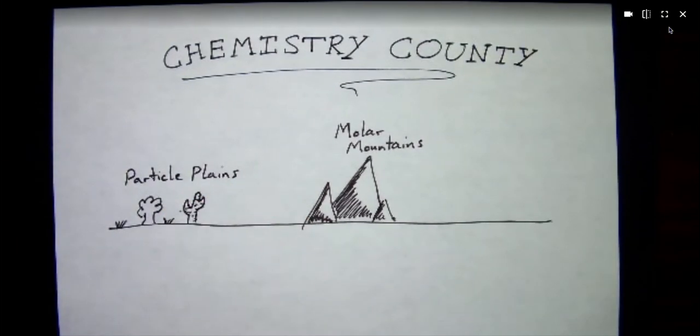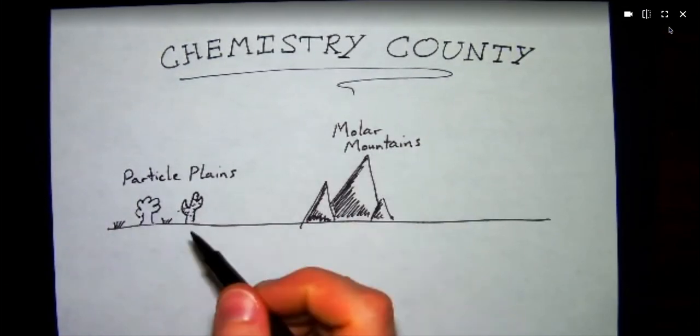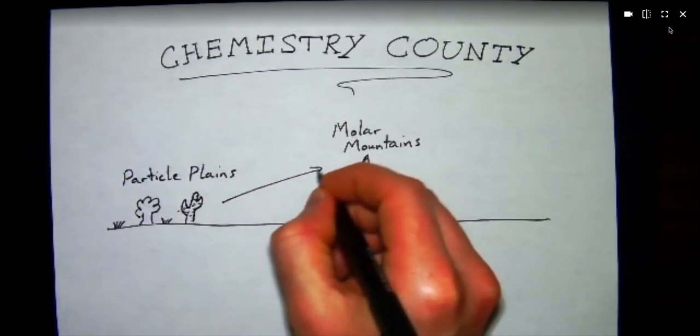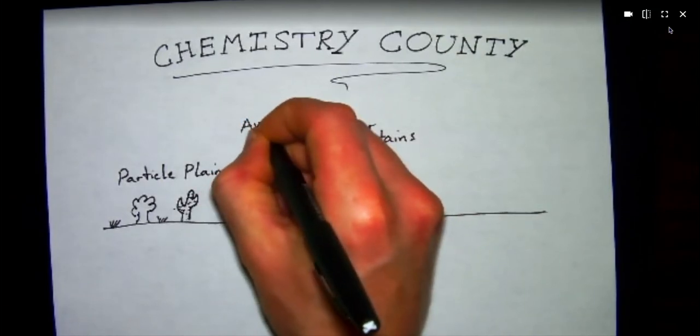Anything can happen. Now, there's a route to get you from the particle planes to the molar mountains and vice versa, and it's called Avogadro's Avenue.